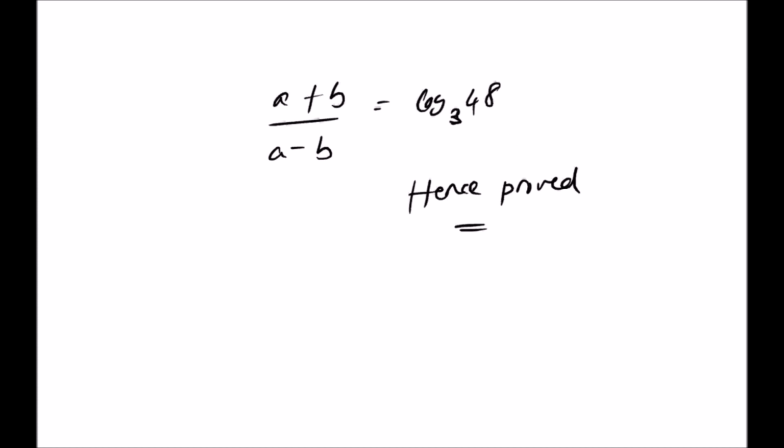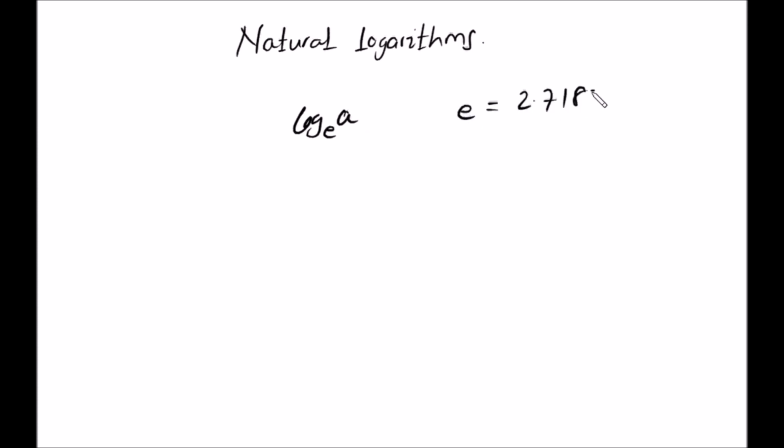Now let's see kuhusu natural logarithms. So ukiwa na log of a kama hii tumesema hii ni common logarithm na base yake ni 10. Sasa ukiwa na log of a to base e where e ni sasa na 2.71828, hii sasa tunaita natural logarithm.